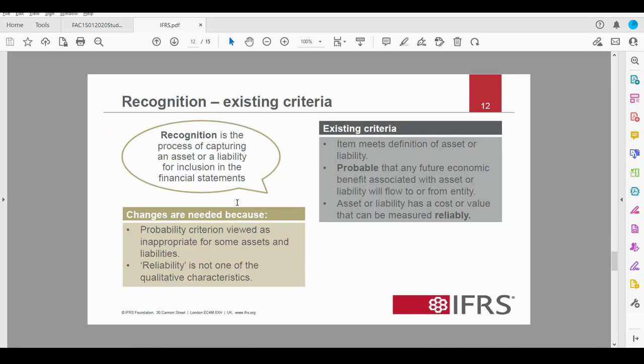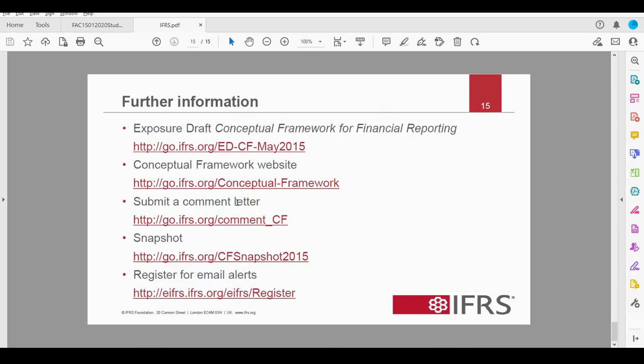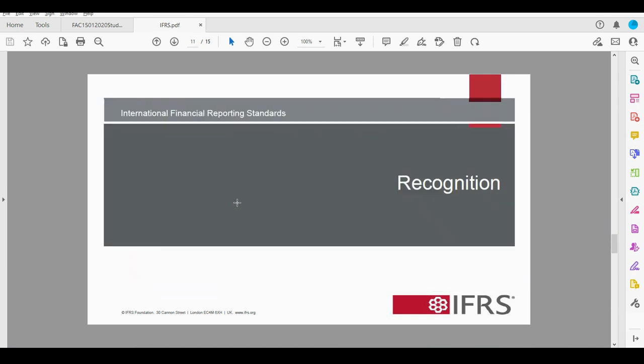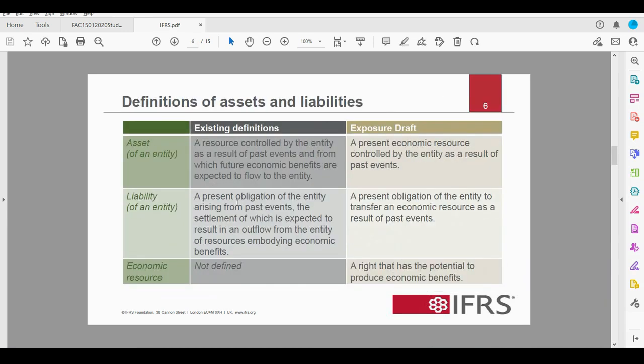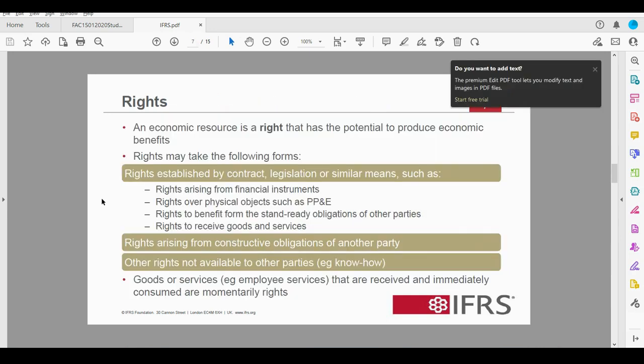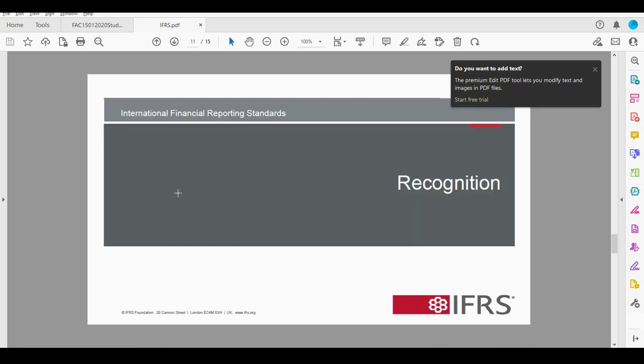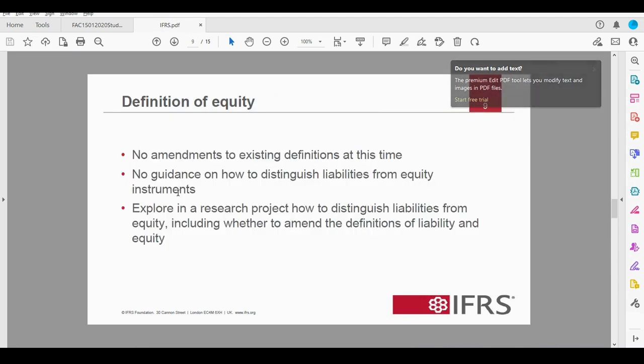Let's look at equity. Okay, they didn't really define equity here, but equity is basically all the contributions that the shareholders make into the company.